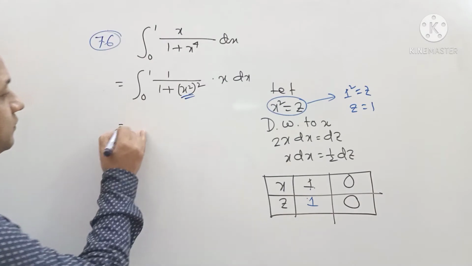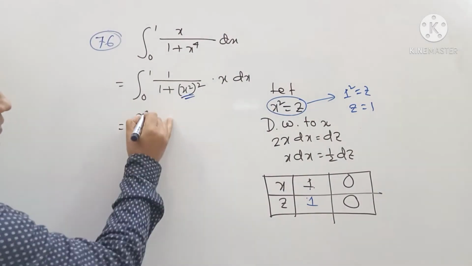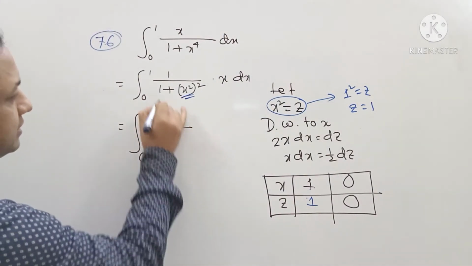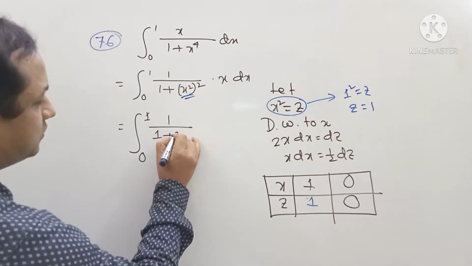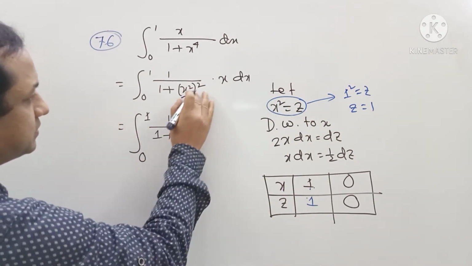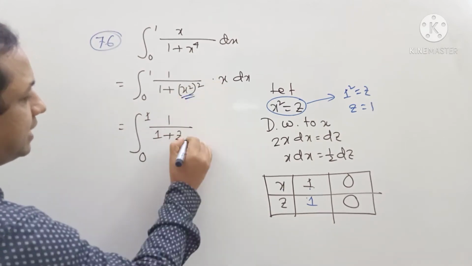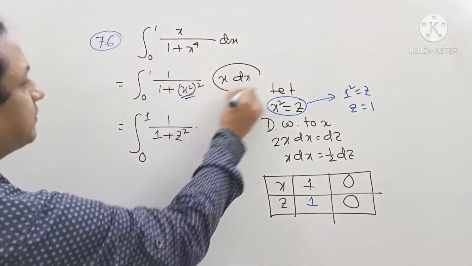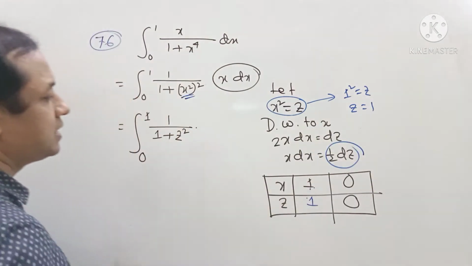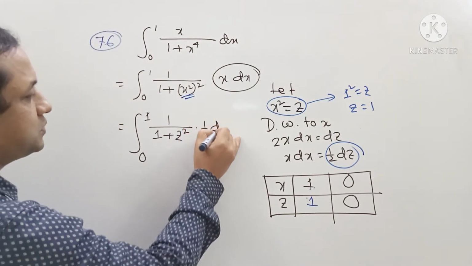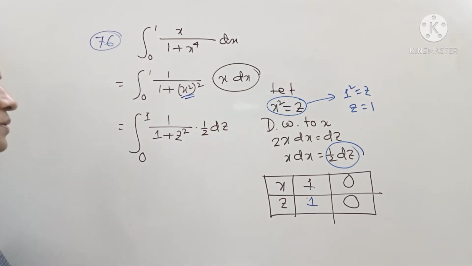Now putting the lower limit 0, upper limit 1, and then 1 plus x square, where x square equals z, so we get 1 plus z square, and putting the value of x dx, here x dx equals half dz. Student, it is a very simple question.